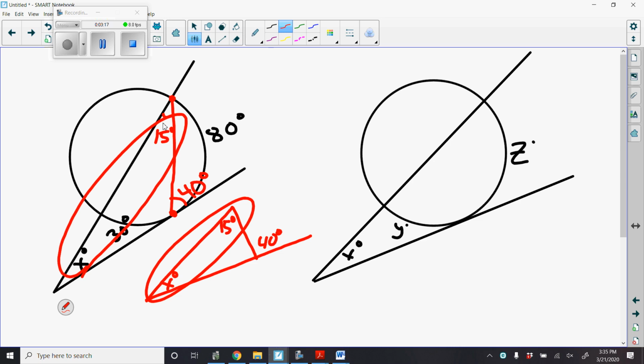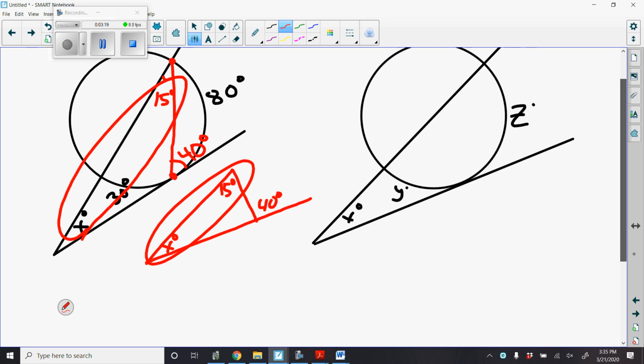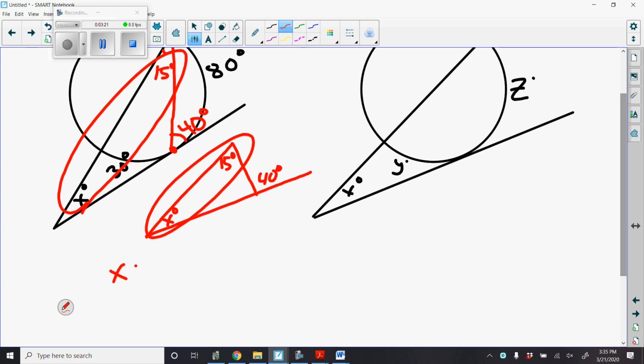So I know that x plus 15 equals 40, which tells me that x equals 25, which is beautiful because that works exactly like secant exterior. I can do big bend minus little bend, 80 minus 30 divided by 2 is 25.